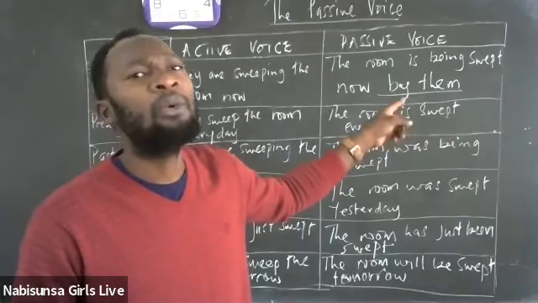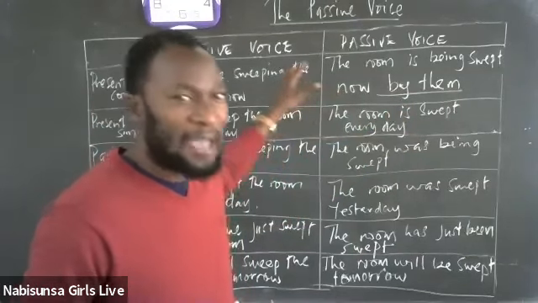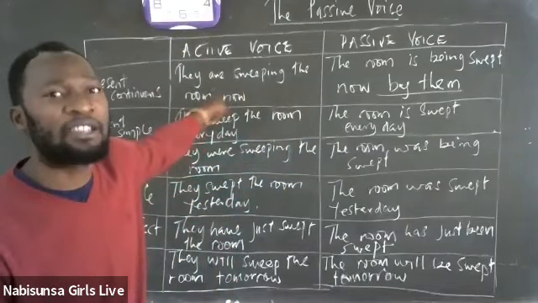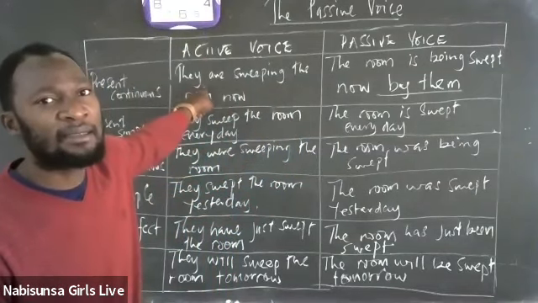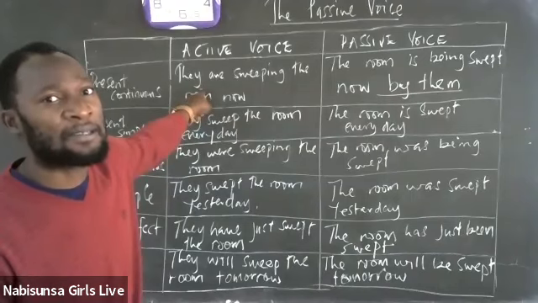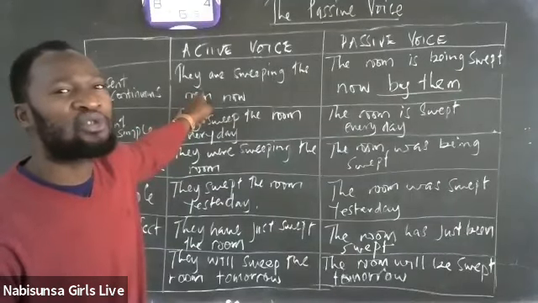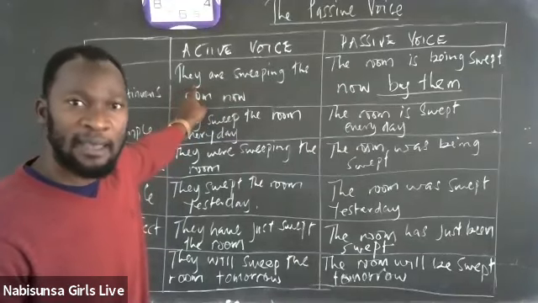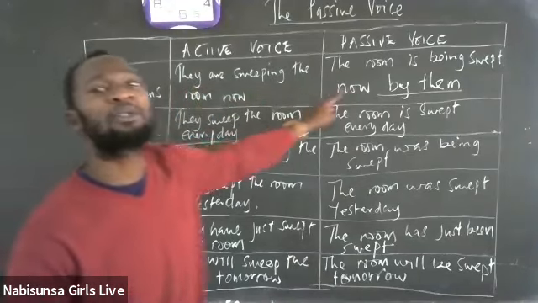Now, the rule is, the entire idea here is that we are trying to forget the subject of the original sentence in the active voice. The passive voice has a trick that we forget about the subject of the original sentence, and then we focus on the object.